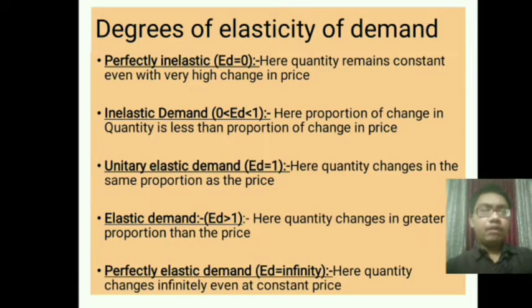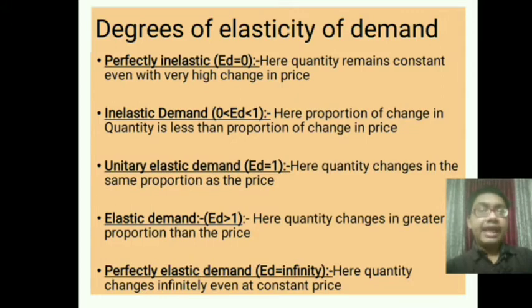Now there are a few degrees of price elasticity. First of all, the perfectly inelastic demand. Here, whatever be the price change, let it change extremely, even then quantity will not change. It will remain constant. In such a situation, we term elasticity to be perfectly inelastic demand.